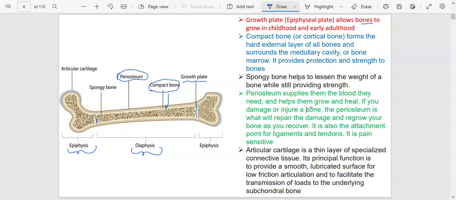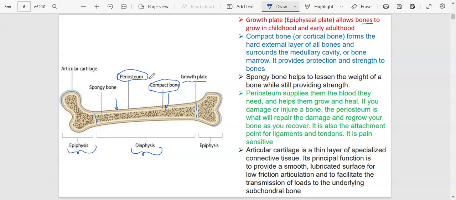So if you damage or injure a bone, it is the periosteum that repairs the damage and regrows your bone as you recover. It is also the attachment point of ligaments and tendons. So this is the very outside of the bone, which you are able to see.